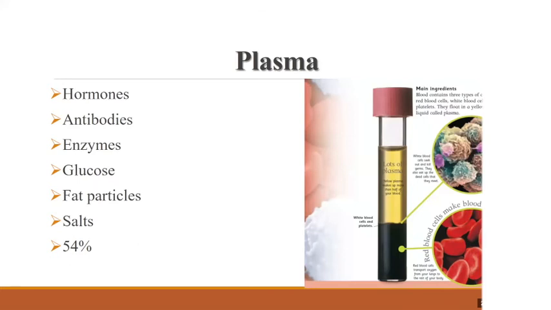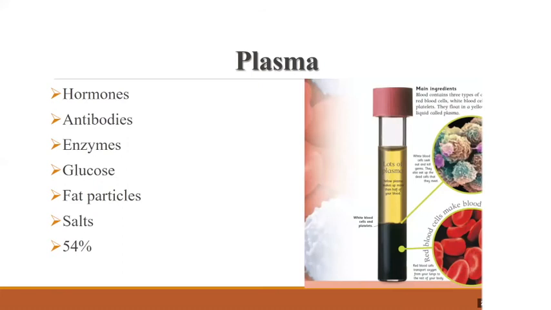Plasma also contains enzymes, which help with digesting and other things like breaking things up. They also contain glucose, which is a type of sugar. And then there are fat particles, which are just breaking up fats, just like glucose is breaking up sugar.